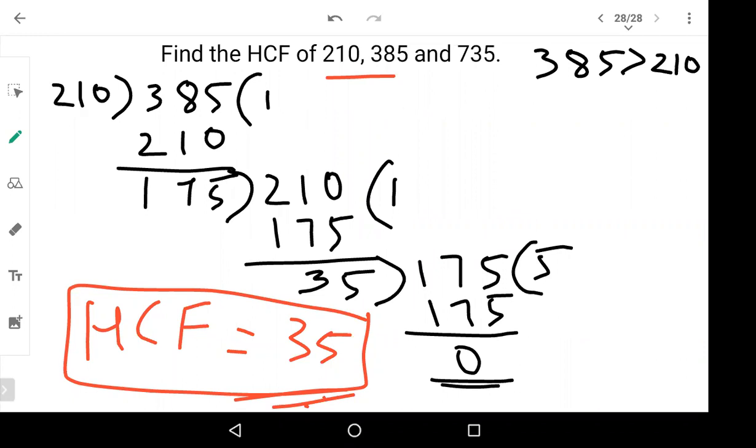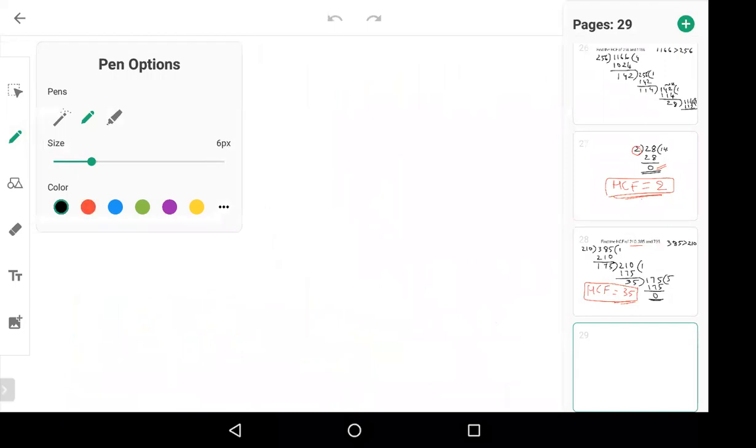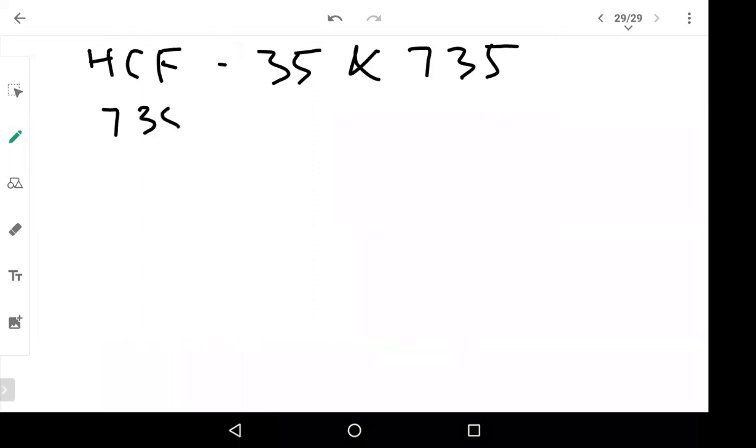This is first step. Now going on further, let me add another page. We are going to find out the HCF between 35 and 735. Okay, so 735 will come in the center and 35 will come to the other side.